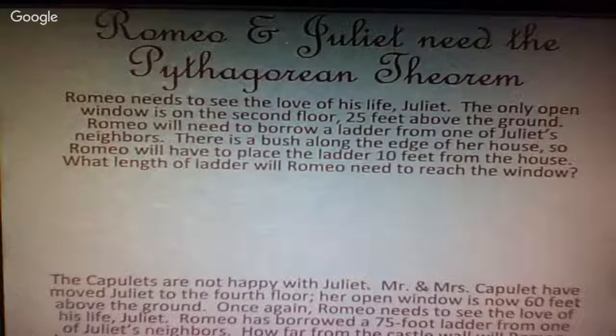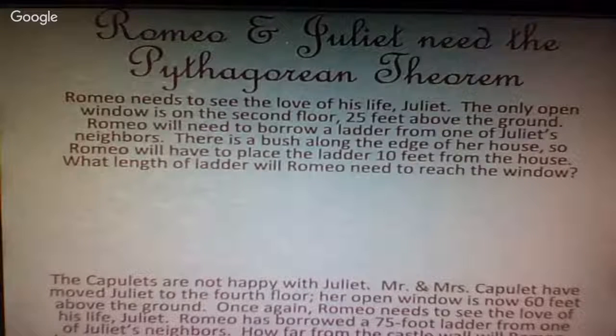The only open window is on the 2nd floor, which is 25 feet above the ground. Romeo will need to borrow a ladder from one of Juliet's neighbors. There is a bush along the edge of her house, so that Romeo will have to place the ladder 10 feet from the house. What length of ladder will Romeo need to reach the window?